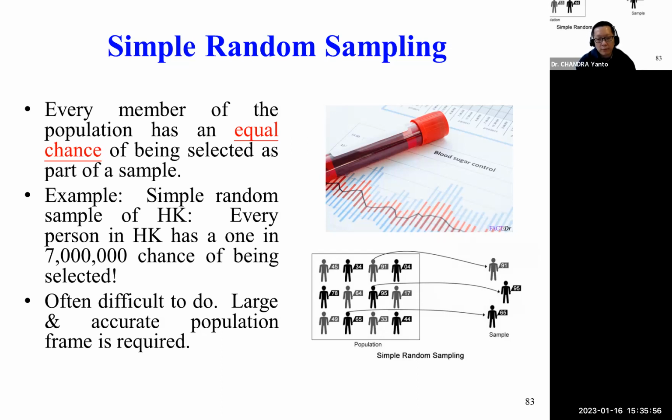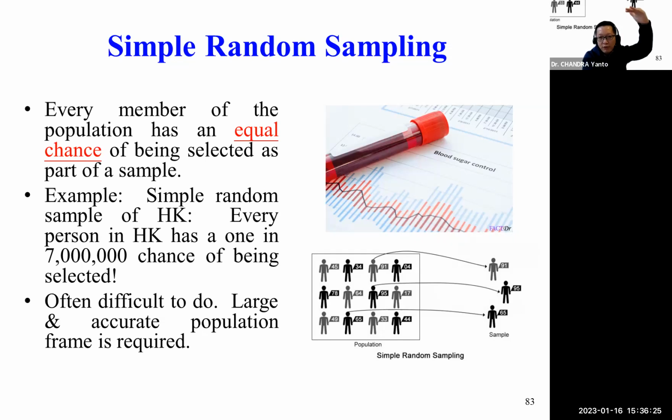A simple random sample, for example, each one of us has an ID card, right? ID card has a number. You can use the last 3 or 4 digits, up to you, depending on the size of the sample that you're looking at, and you can use this number to generate a random output. Actually, you can ask SPSS or R to give you some random numbers out of a set of numbers.